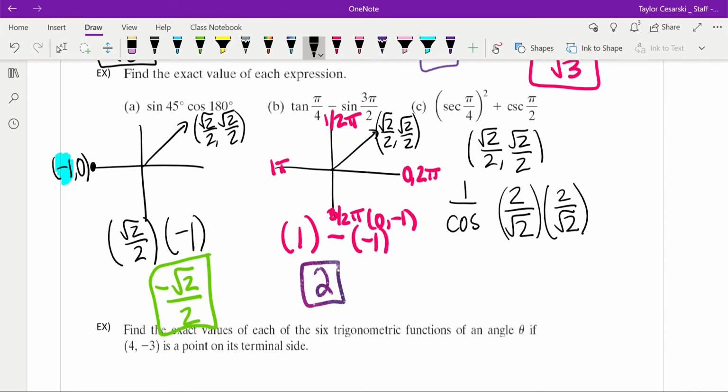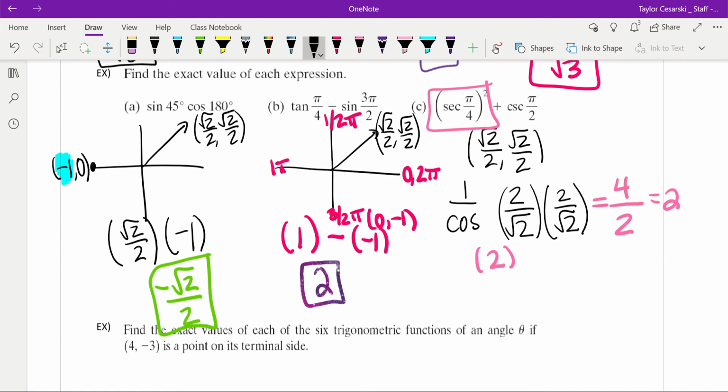All right, I'm going to go ahead and multiply that out before I get any further. I multiply straight across when I'm multiplying fractions. 2 times 2 is 4, square root of 2 times square root of 2 is 2, so that's 4 over 2, which simplifies to 2. So this guy right here just equals 2.